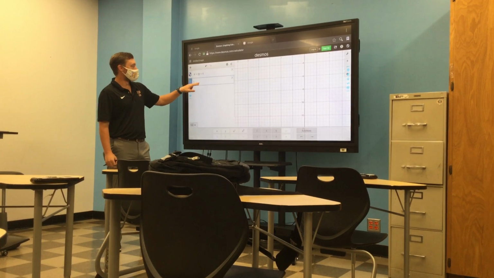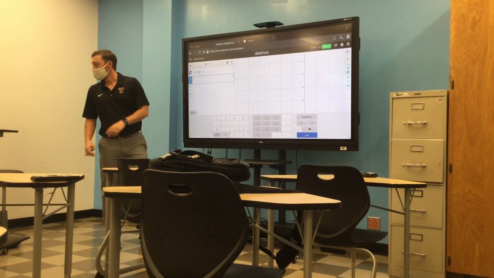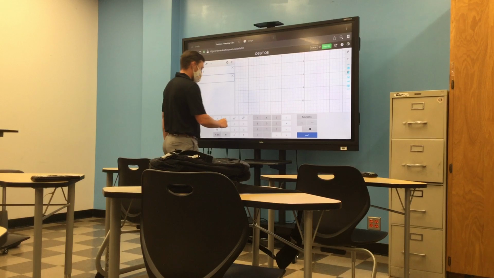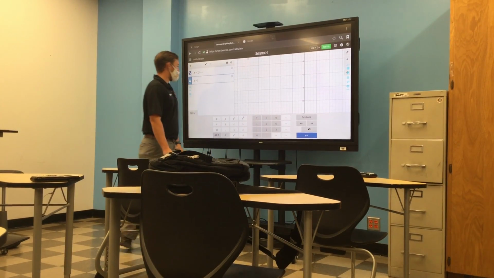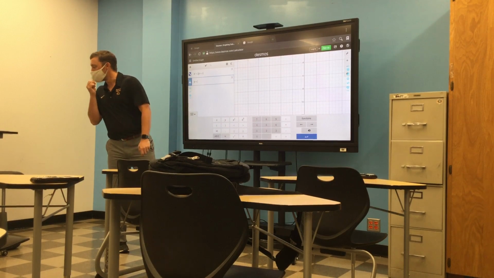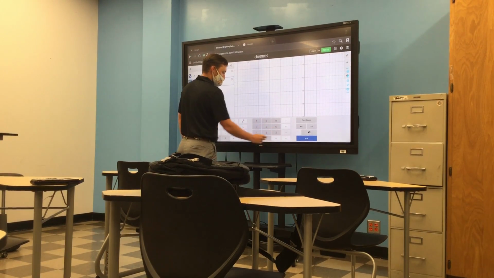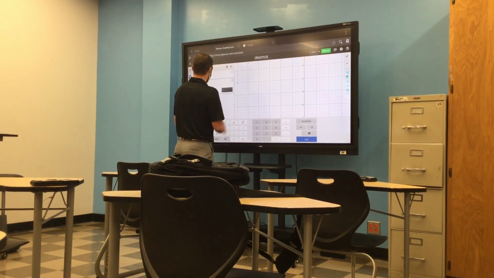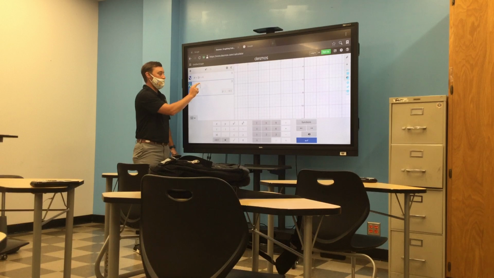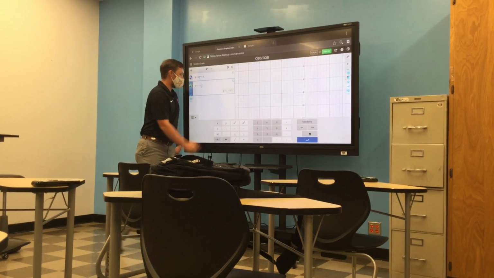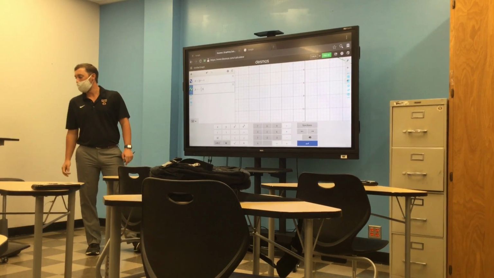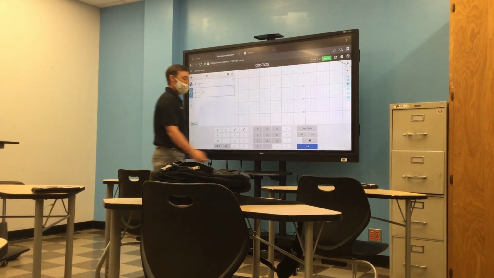Let's build our bottom equation, which is y is equal to -1/2, so -1 divided by 2. Then get out of that, go to the right of your fraction, and put your x. So y is equal to -1/2 x plus 2.